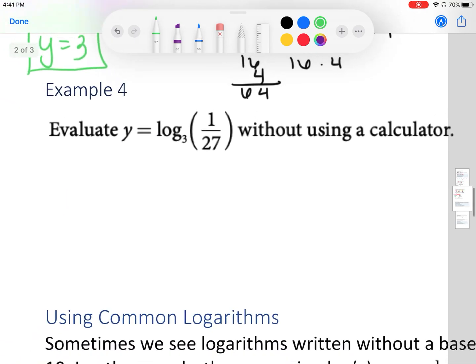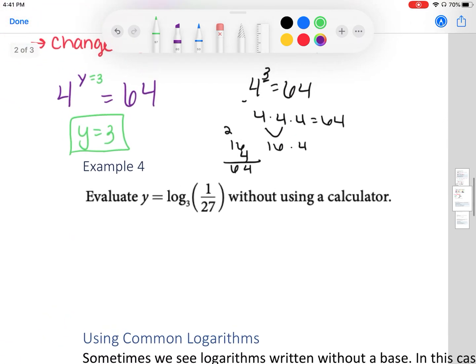Next example, evaluate without using a calculator. Well, we're going to follow that same idea. Logarithms look a bit more intimidating than what they are. So let's go ahead and write in exponential form. My base is 3, so I have 3 raised to the, and I remember you switched your order.